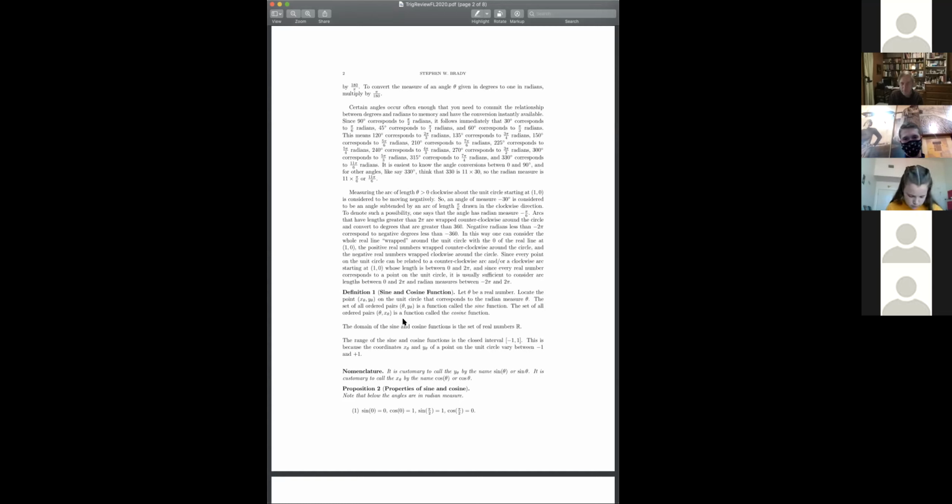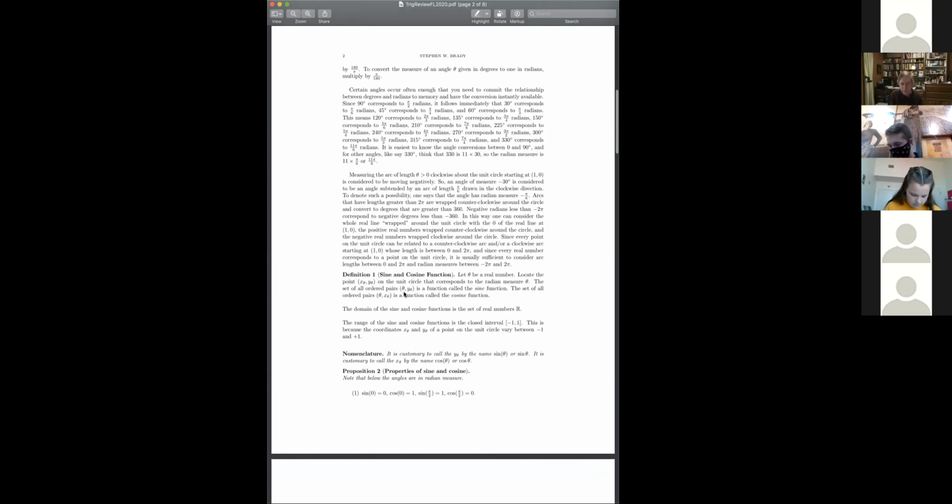So what do we mean by a sine or a cosine? And what you'll notice here is I purposely did not make a picture because I want you to think about it. You can certainly draw a triangle or a circle and talk about this, but I want you to think about a circle. So this says locate a point on the unit circle. So do this in your mind, or you can write it down on a piece of paper where you are, whatever.